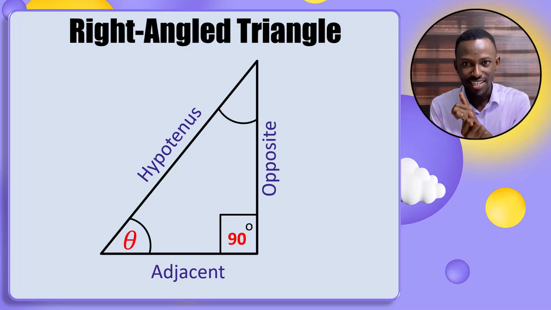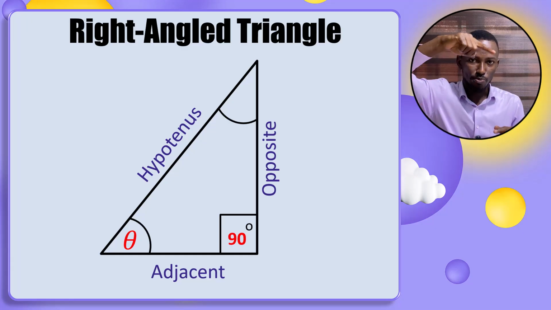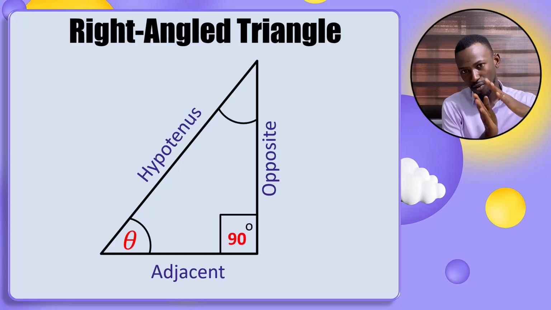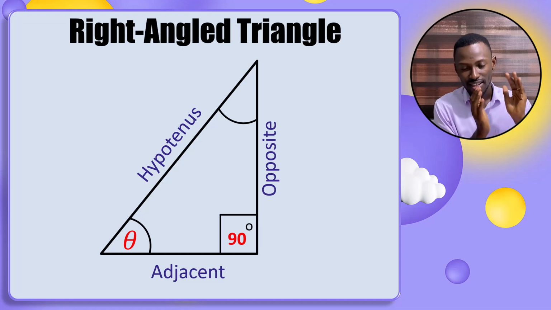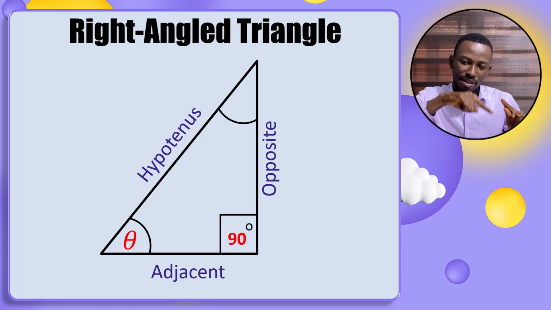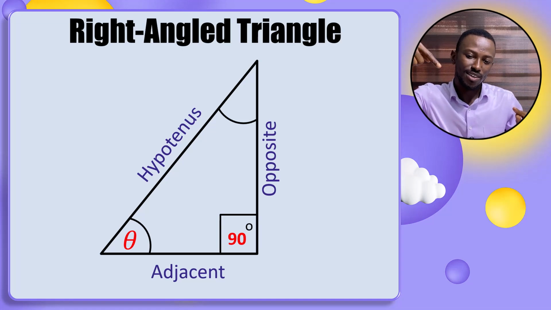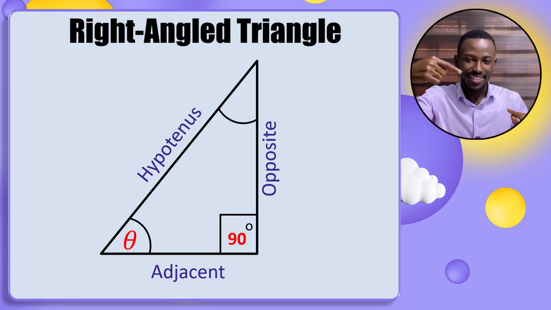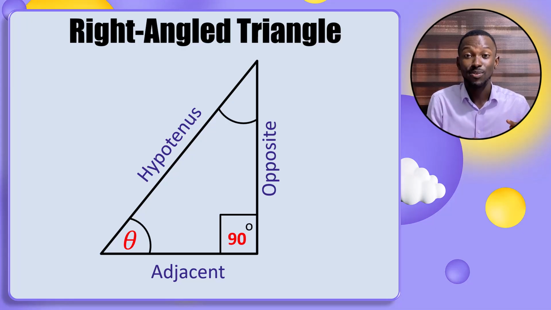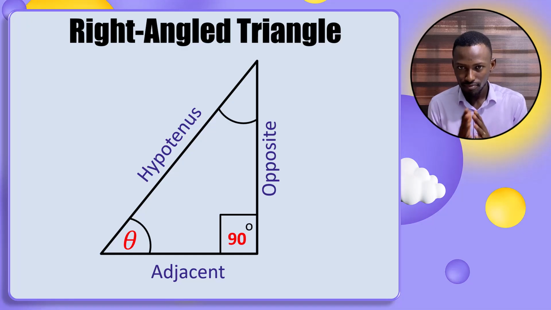So these are the main parts of a right-angled triangle. We have the 90 degrees, and then the side directly opposite the 90 is the hypotenuse. And assuming we are considering the angle at the bottom, labeled theta, the side directly opposite is known as what? Opposite. And then the side below it is known as what? The adjacent. But here's the interesting part.